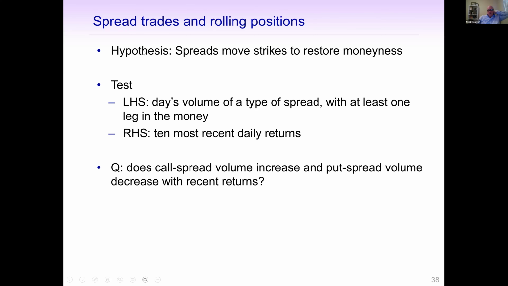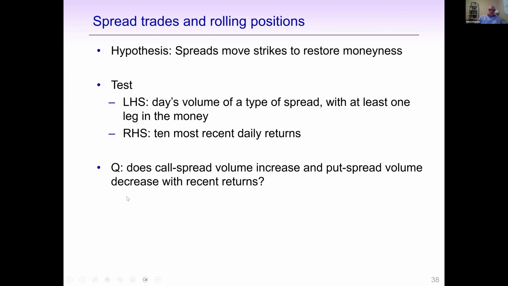So this is suggestive of the hypothesis of spread trades rolling positions. Those figures suggest that spread trades ought to be related to recent returns. We're going to estimate some regressions where the left-hand side variable is the volume in a particular spread trade. The right-hand side variable is the 10 most recent daily returns in the underlying stock.